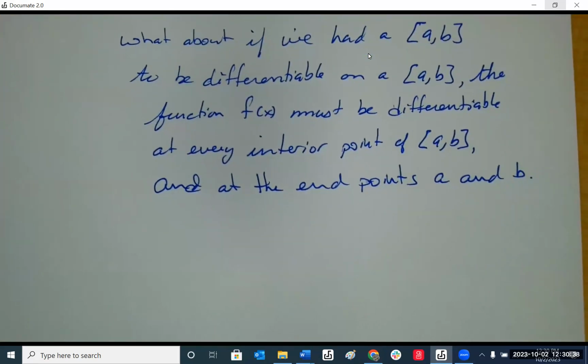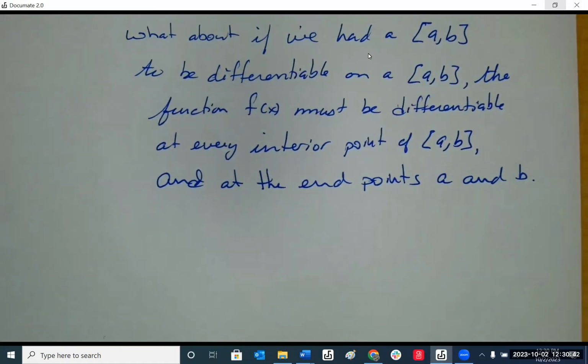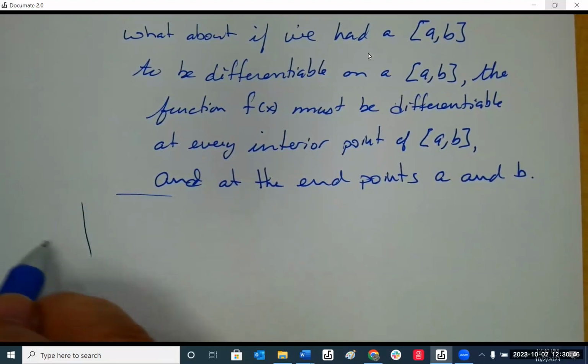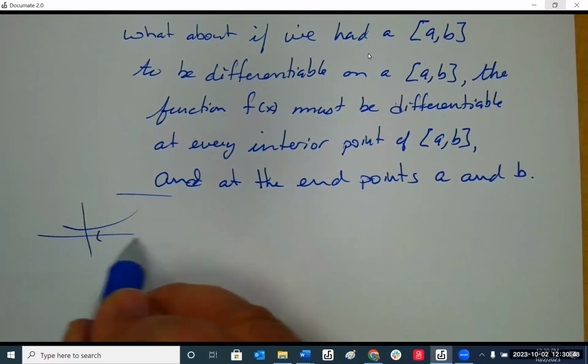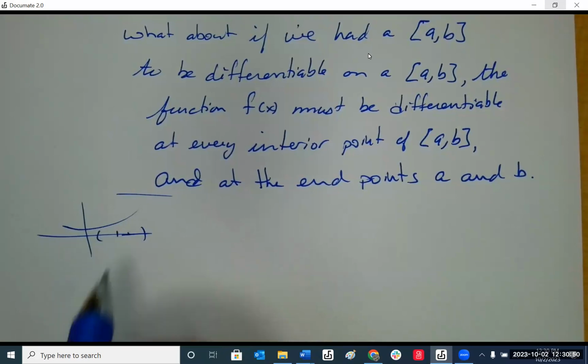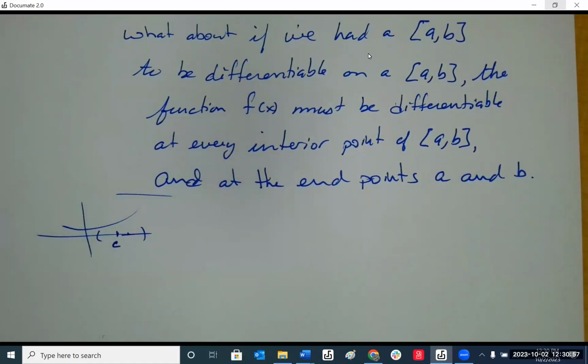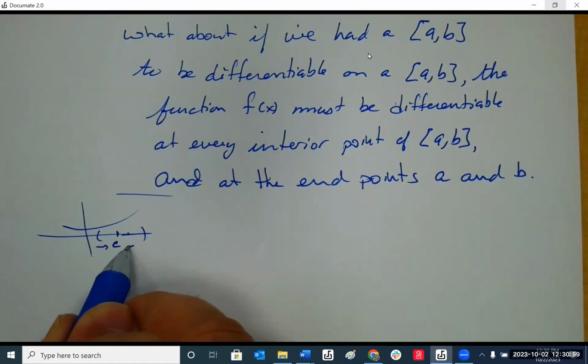Why does this cause a problem? Because if we have a function and it's differentiable at every point inside there, that means we can take a limit at any point from both sides.